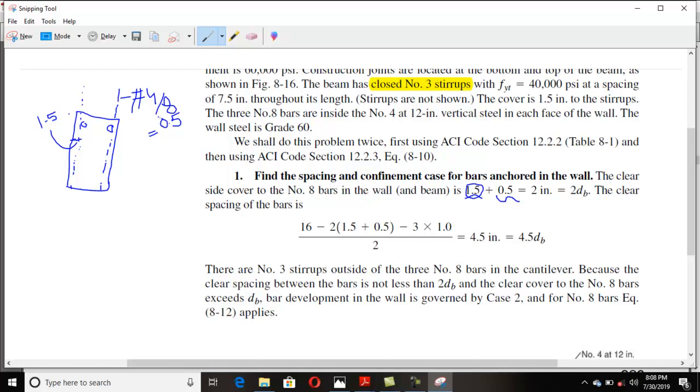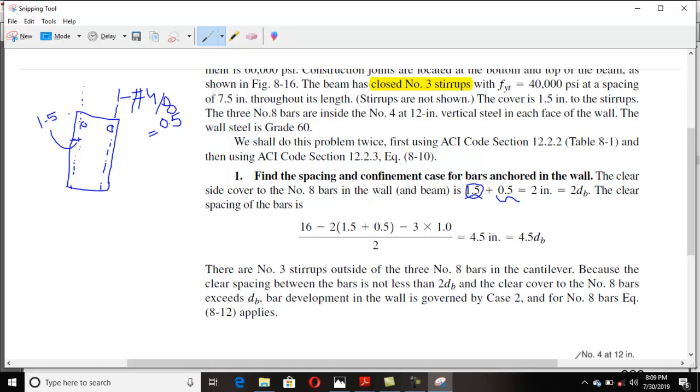No, this should not be divided by 2. Just 4 divided by 8 gives you 0.5, because you have to count one diameter of the steel bar.